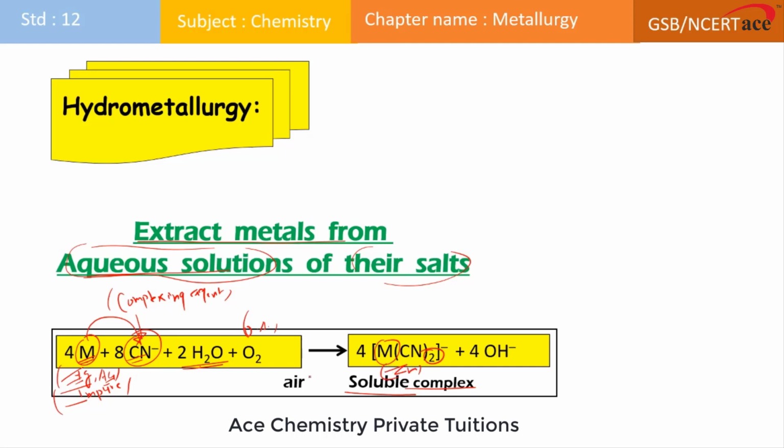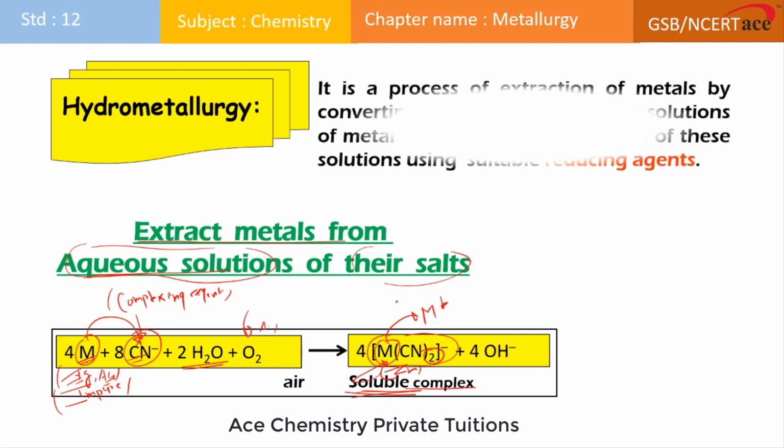Zinc, and zinc is more reactive as compared to silver and gold. So zinc, being more reactive, displaces the metal from its complex in the aqueous solution. In this case we get what? A precipitate of the metal, and the zinc, which is more electropositive and more reactive and is acting as a reducing agent, forms a complex with this and remains soluble in the solution. So this is how we do hydrometallurgy.